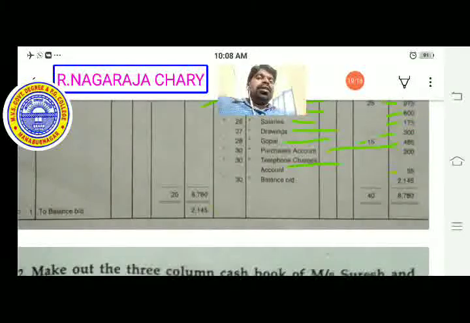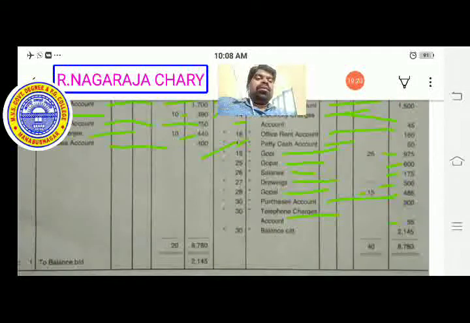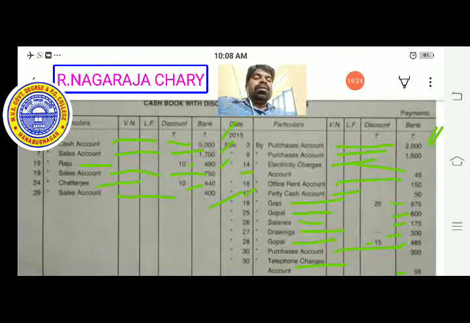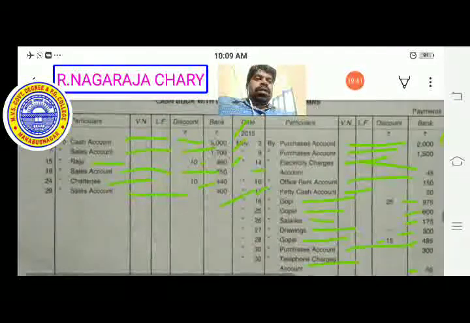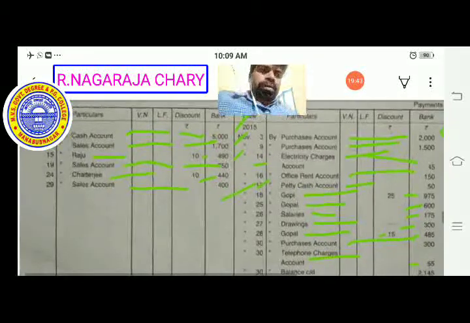Now all the entries are recorded. Then the debit discount column and credit discount column need not be balanced, just totaled, because one is a loss and another is a gain.